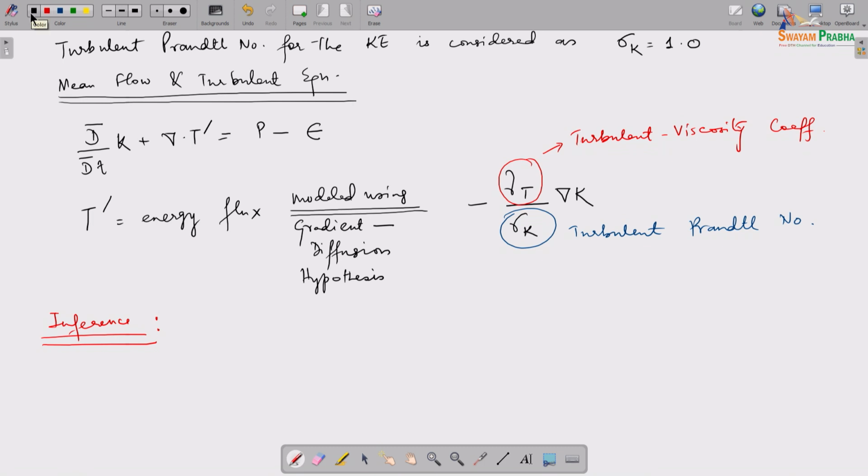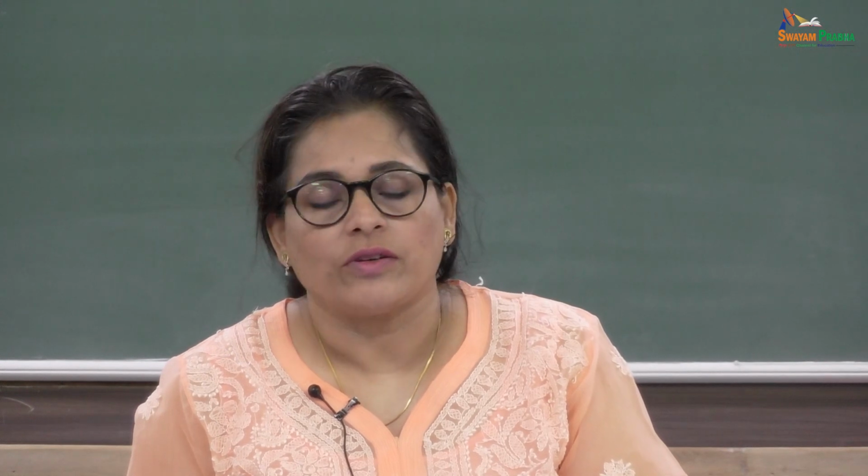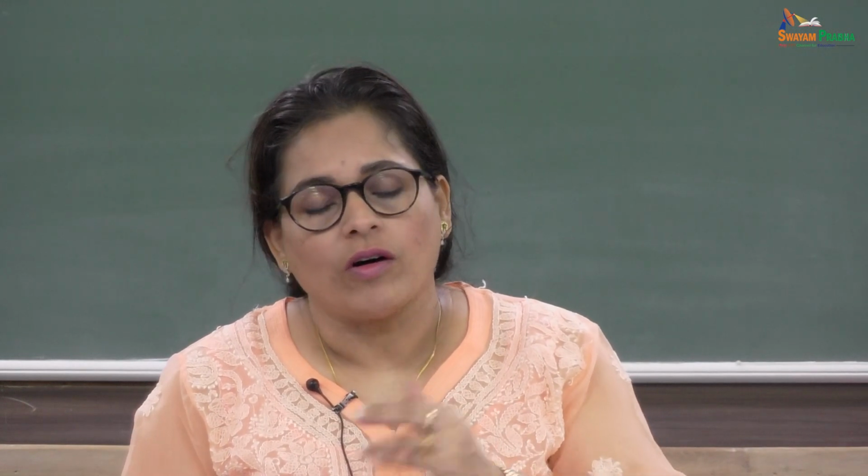Essentially we're saying that physically, due to velocity and pressure fluctuations, there is a flux of energy down the gradient of K. So there is an energy flux in a direction in which there is a gradient of the kinetic energy. There are fluctuations in pressures and velocities, due to which there is a change in kinetic energy. So the direction in which the energy flux is happening is along the gradient of the energy.